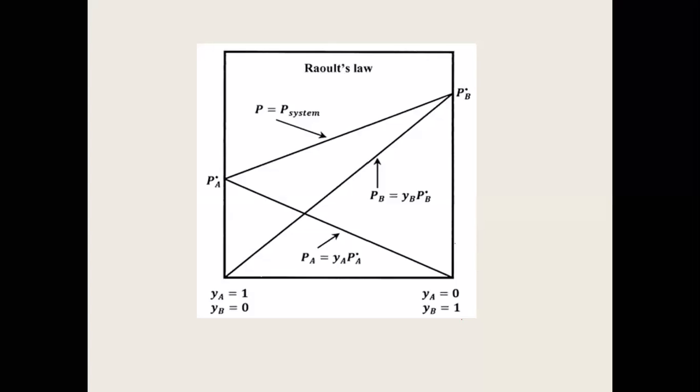So this linearity in the variation of the vapor pressure of the solution with respect to the concentration of any component in the solution means Raoult's law is obeyed. Okay. In our next discussion, we will see this linearity becomes distorted in non-ideal solutions.